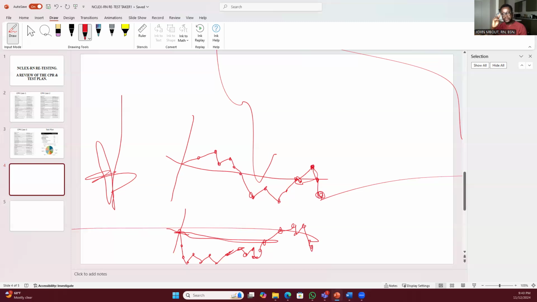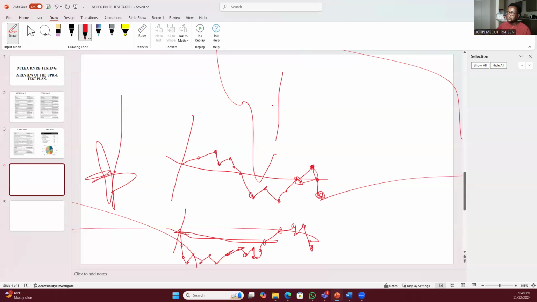Still on point 2, maximum length of the exam. Number 1, if the final ability estimate is at or above the passing standard, the candidate passes the exam. It means if you go up to the 150th question, let's look at this.